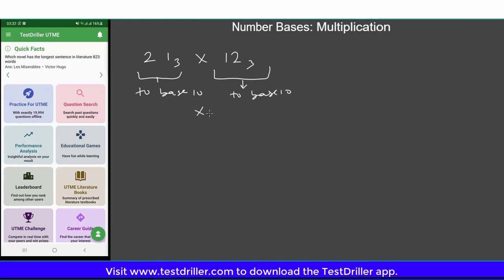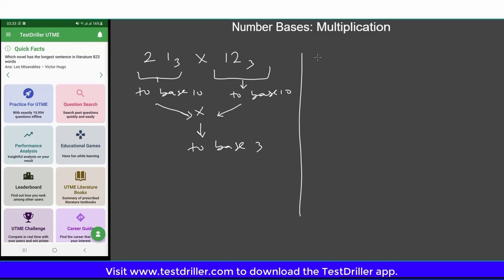Then you convert the answer back to base 3. So you take the two, convert them to base 10, multiply in the decimal system, then convert the result back to base 3. Let's look at how to go about this.